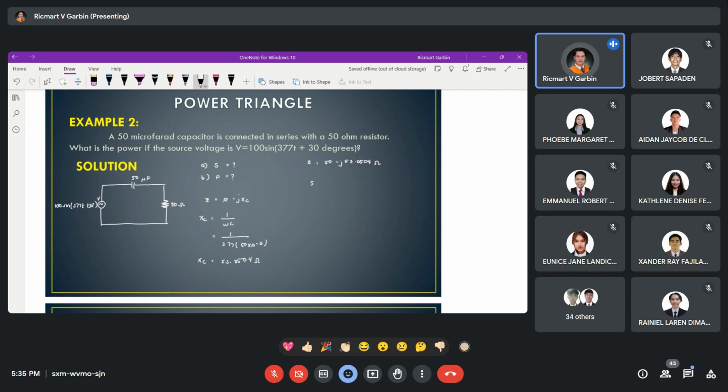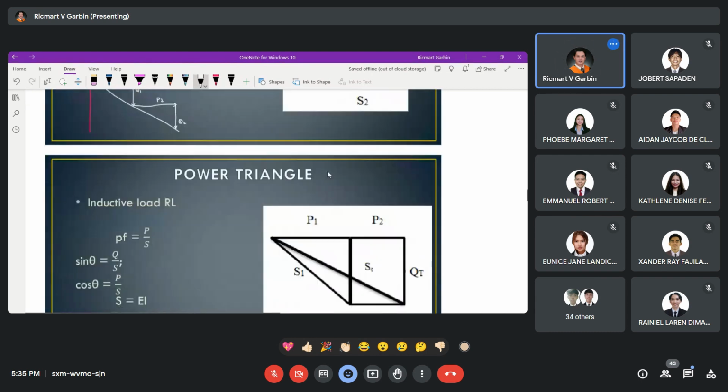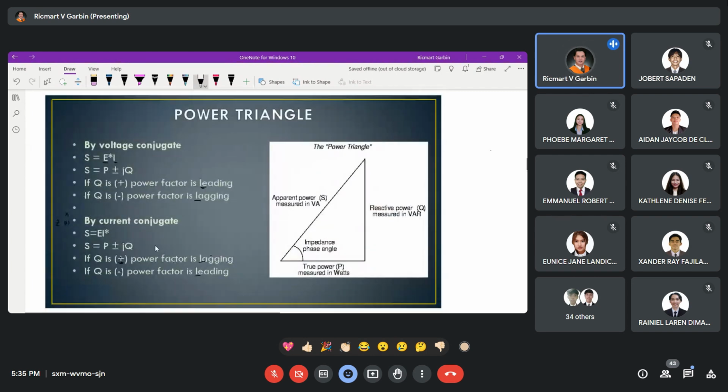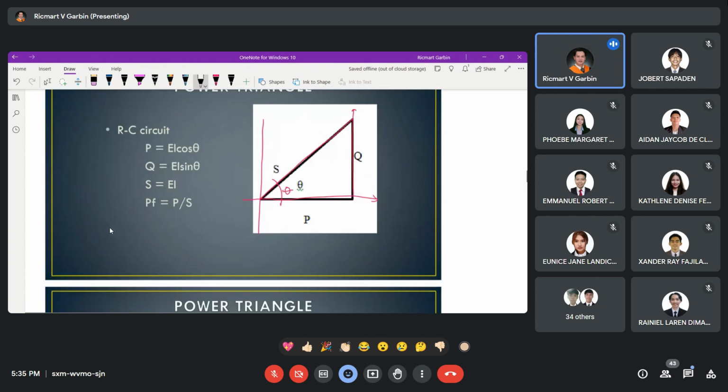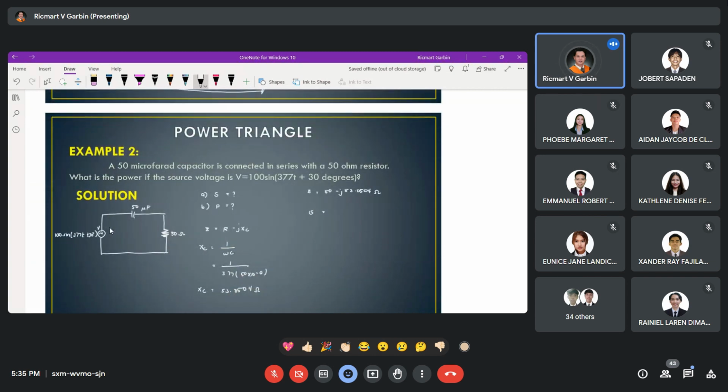Now, so paano natin kukuhanin yung ating, say for example, dito na lang tayo kumuha sa S. Ang S natin can be computed, kagaya ng sinabi natin kanina, using two formulas. So, meron tayong tinatawag na voltage conjugate at saka current conjugate. And sabi ko sa inyo kanina, mas sanay ako dun sa current conjugate. Yan. So, kung current conjugate ang gagamitin natin, of course, kailangan natin ng current. Yan. So, di ba, yun ay magiging E I conjugate. So, kailangan muna natin kuhanin yung current.